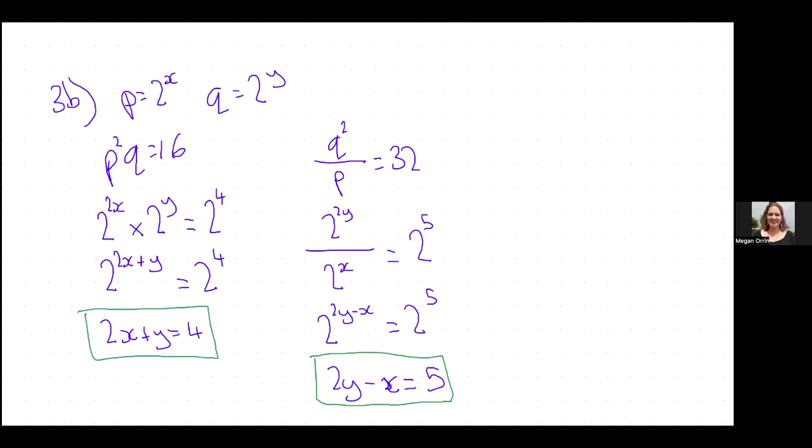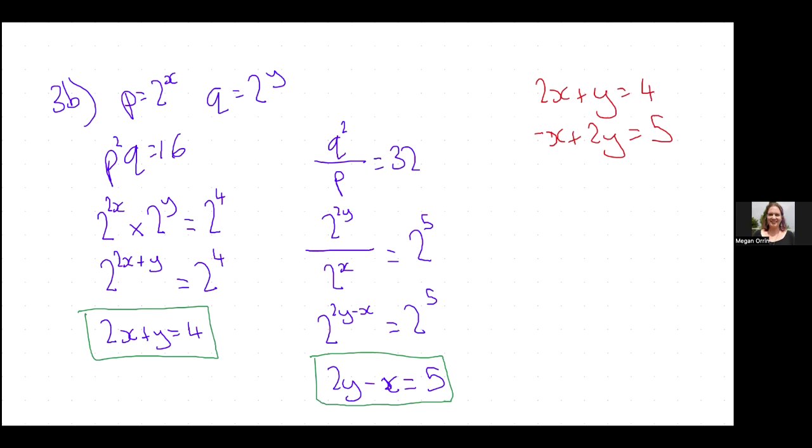So I have 2x plus y equals 4, and I'm going to rewrite the other one because that will make my life a bit easier. Then I'm going to say that I have negative x plus 2y equals 5. All I did was write those two things backwards so that my x's line up and my y's line up.